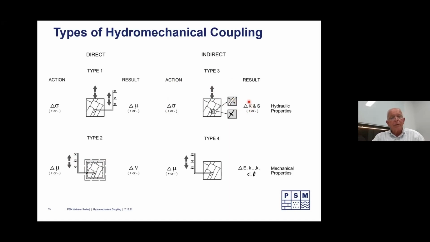So we're changing the hydraulic conductivity, K, and the storage. The last type, type 4, is where we're changing the pore pressure in the system, delta u, and we get a change in the mechanical properties. This is really important for large post-failure deformations.